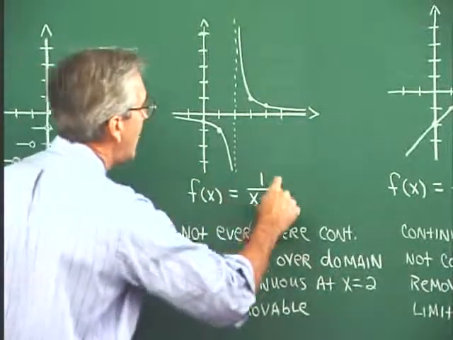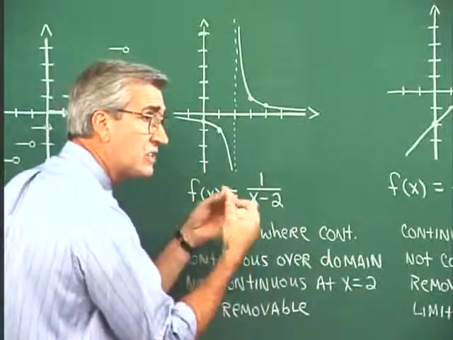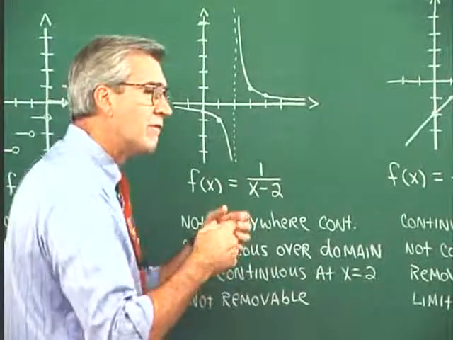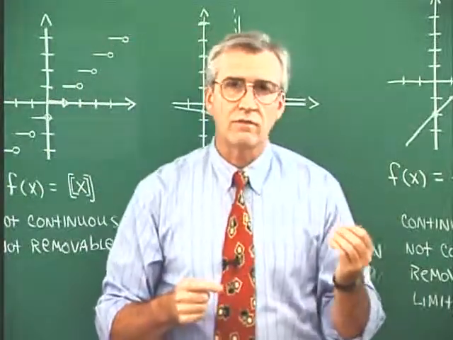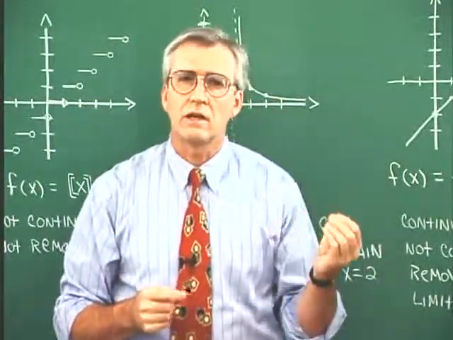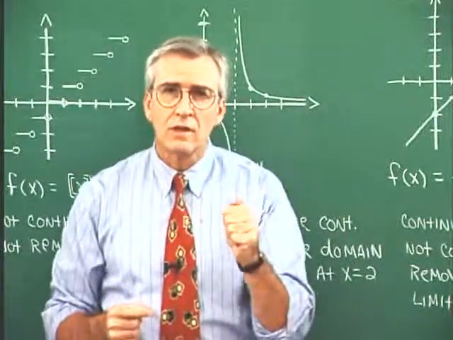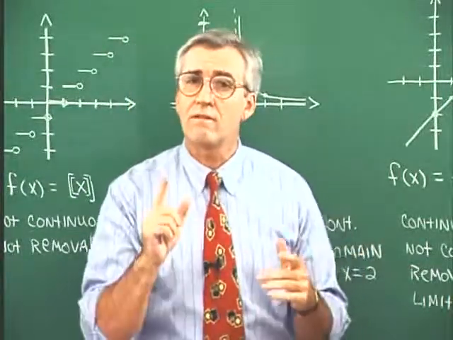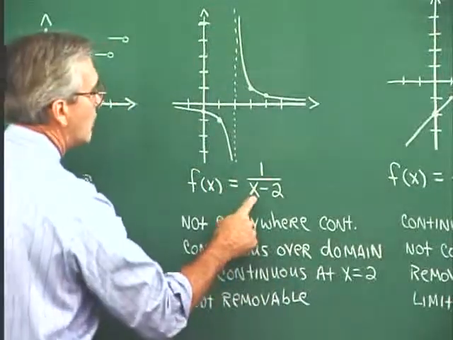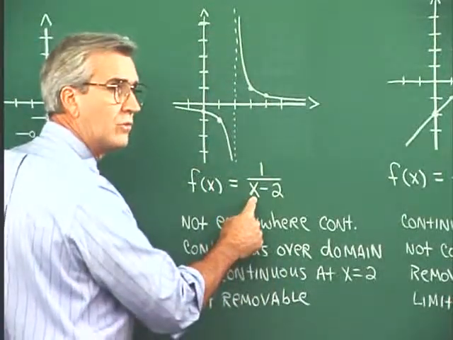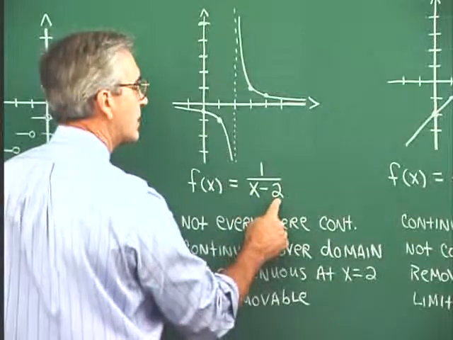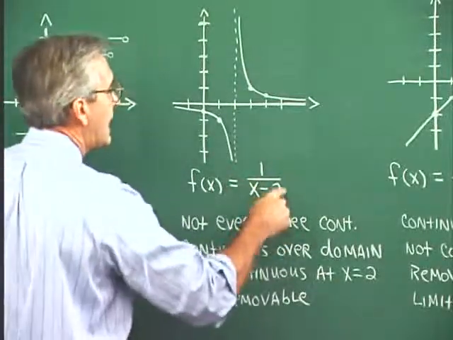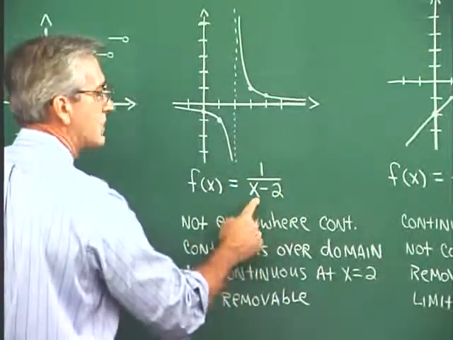Remember, the implied domain, the implicit domain, the values of x for which this function makes sense. For what values does it make sense? Well, the fraction makes sense for every value of x except for the value x being 2, because 2 causes the denominator to become 0. So the implied domain here is all real numbers except 2.